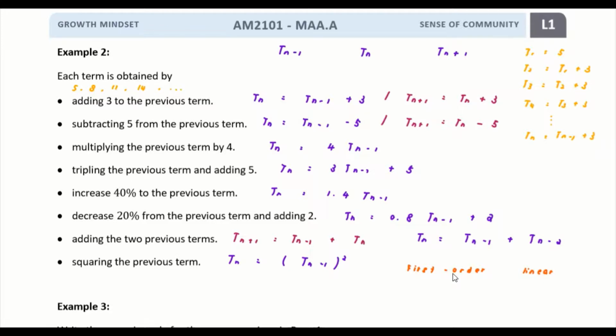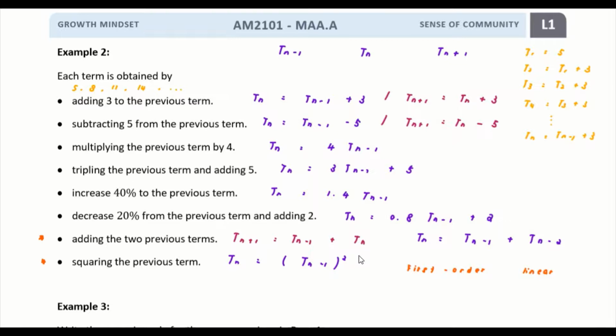So in our recurrence relation, we don't involve more than one previous term. This one is not in our syllabus as well, but you can find it in your exercise, and I think it's a good one to practice, because it will be very helpful when we move on to finance and so on.